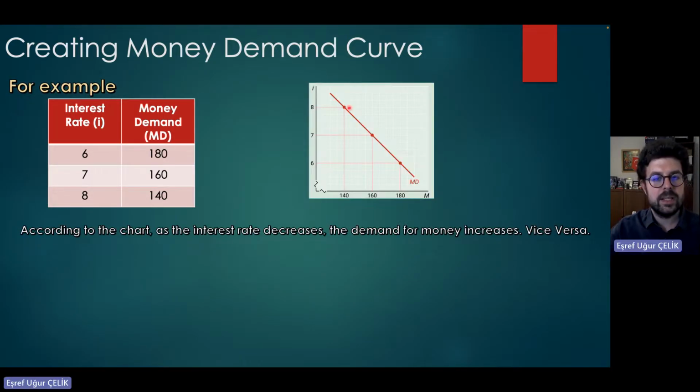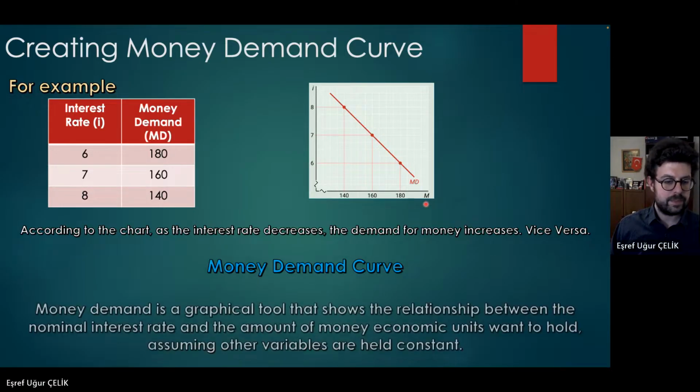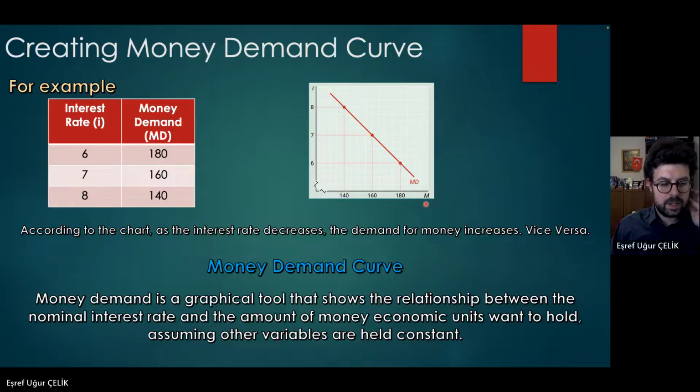So it looks like that. As I said before, on the vertical line, we use the nominal interest rate, and on the horizontal line, the quantity of money. Let's look at a more formal definition of the money demand curve.